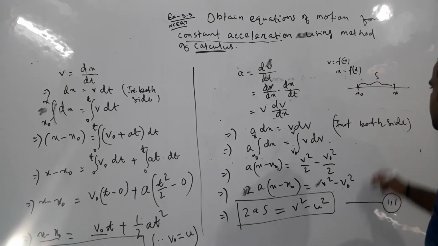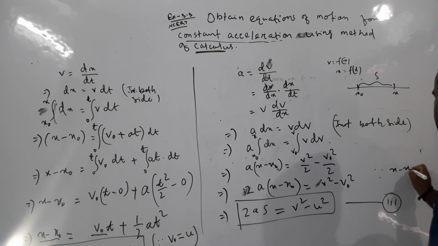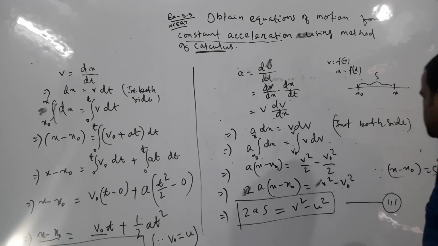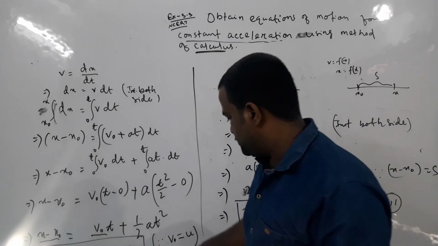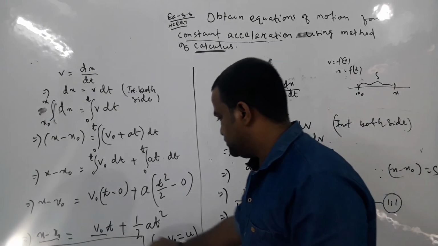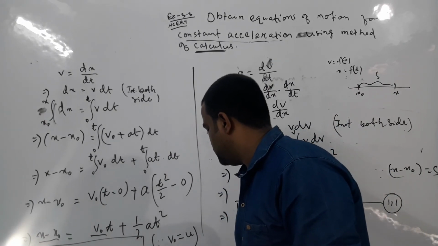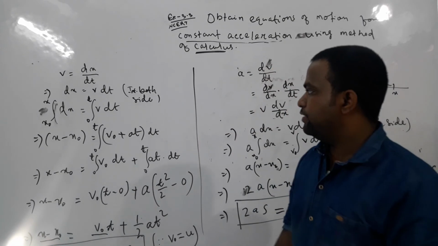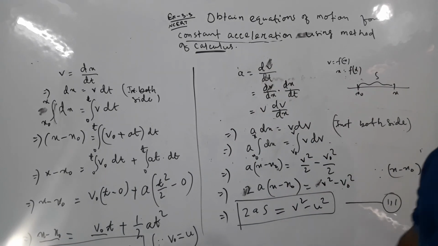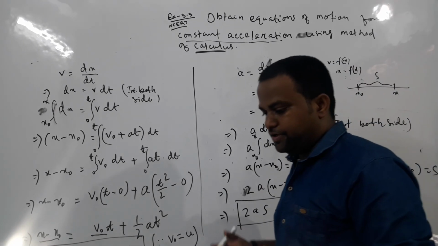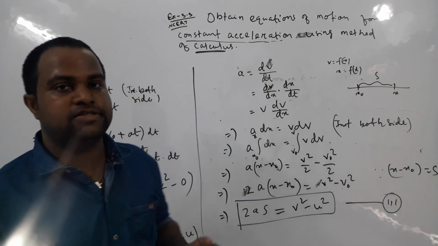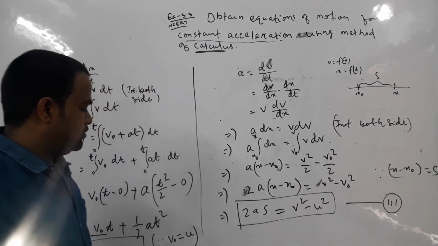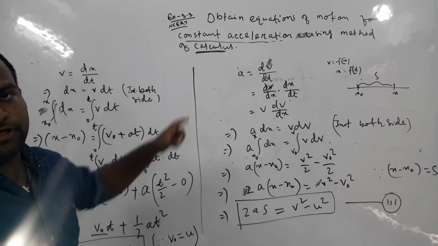Here we have taken x minus x0 as s, and the earlier one is equation number 2. Okay, so this is the derivation of the three basic equations of motion using the method of calculus.